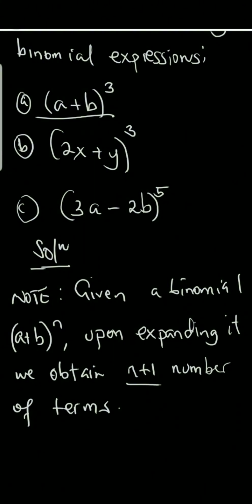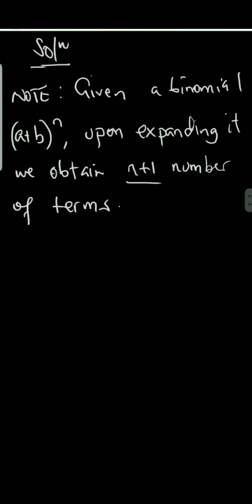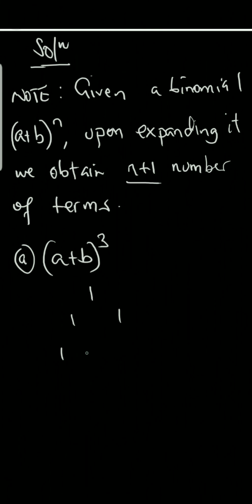Now let's look at the questions. We start with A. Our A is (a + b), with brackets raised to the power 3. So this is our binomial expression. Now to expand this, we're going to simply use Pascal's triangle, which you know how to form.